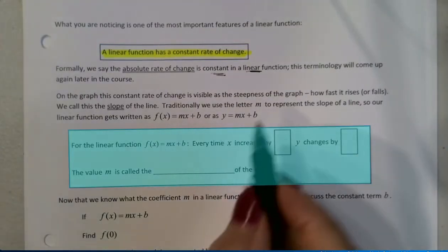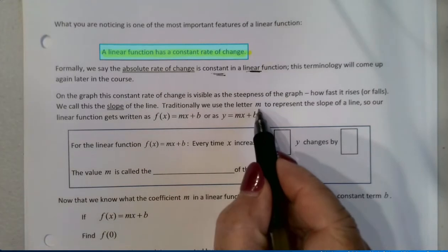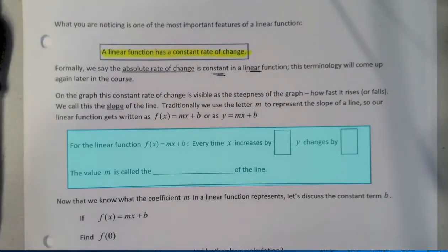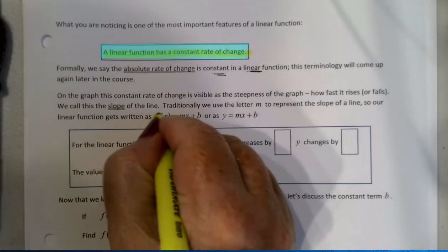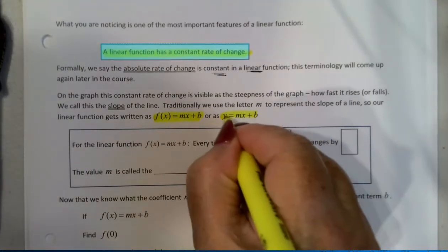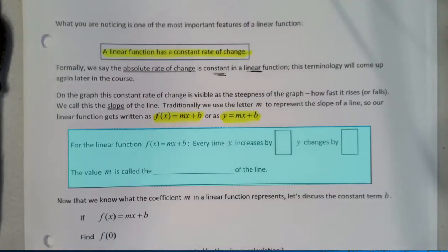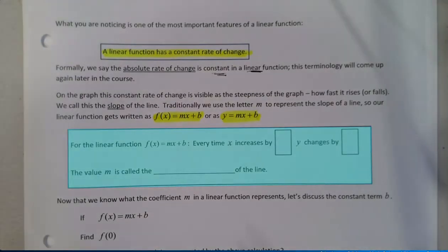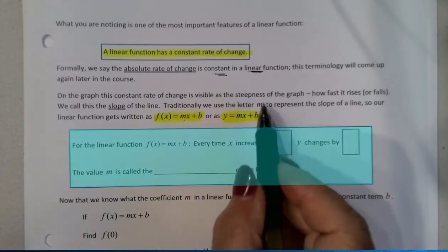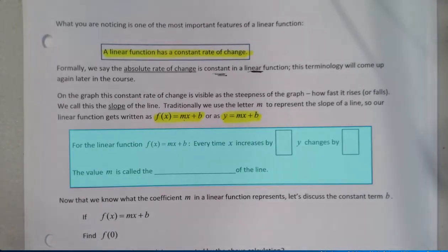Traditionally, we actually use the letter m rather than a to represent the slope. So usually our linear function gets written as f of x equals mx plus b, or sometimes just y equals mx plus b, where this m represents what we call the slope or steepness of our line.